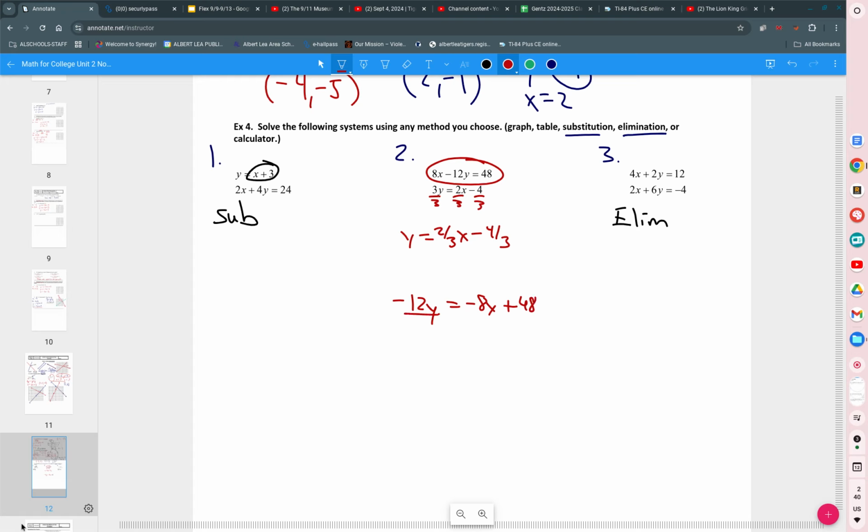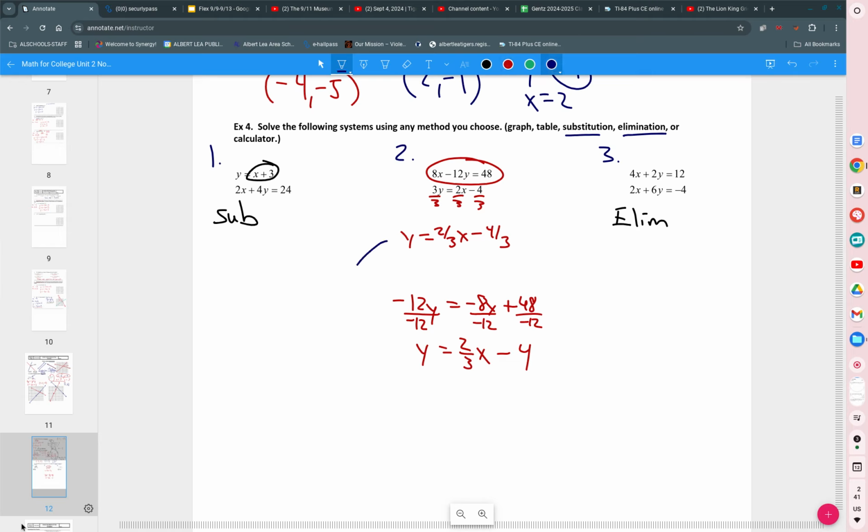And when I divide by negative 12, I get y is equal to, what does negative 8 over negative 12 simplify to? Two-thirds. And 48 divided by negative 12 is negative 4.